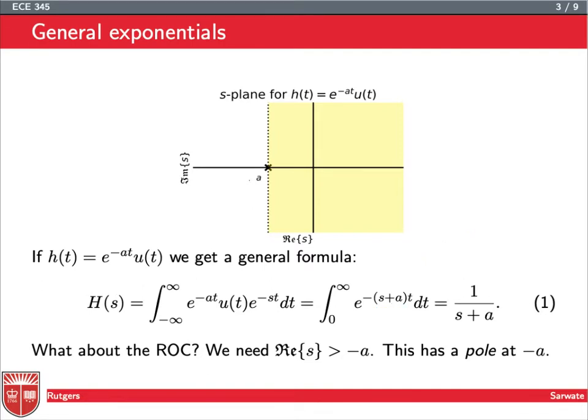So here we actually have a pole at minus a because we're going to get the transform 1 over s plus a. So here we have this pole at minus a. So this is the general formula for a decaying exponential. We get a single pole at the exponent of the exponential.